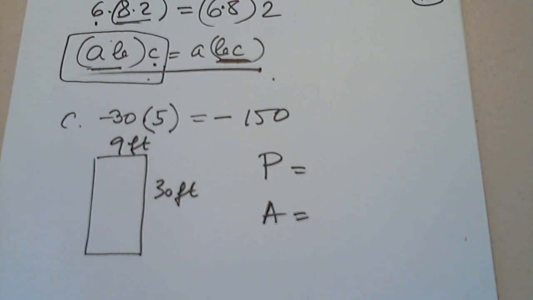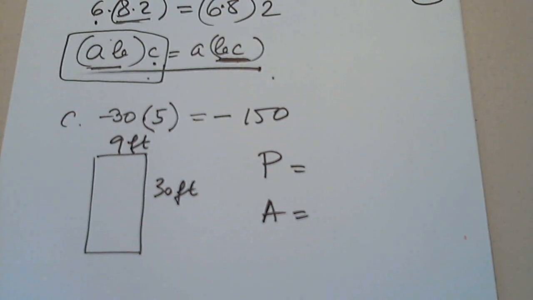What is the opposite of 10? Good. So let's find the perimeter and the area. Remember the formulas?